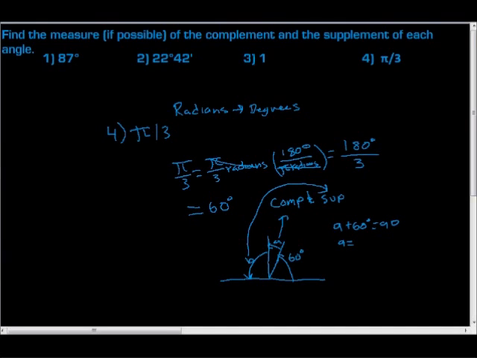If we do the subtraction, that's A equals 30 degrees. And so that is going to be our complementary angle.